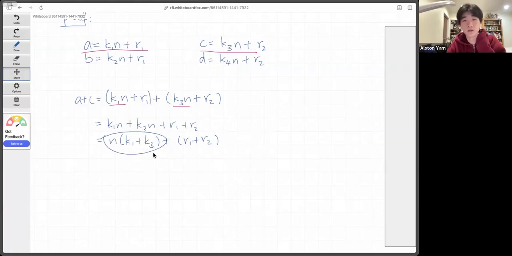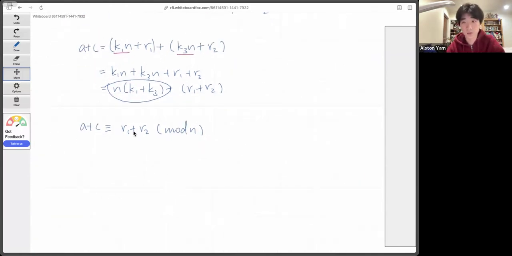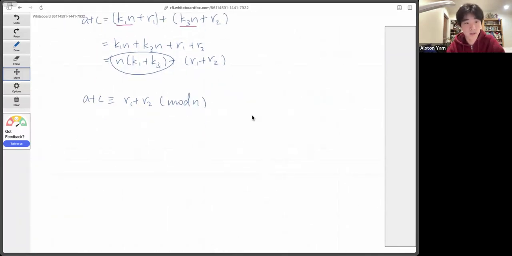Because under mod n, this thing kind of just disappears, and that's pretty cool. So if we write this under mod notation, A plus C is congruent to R1 plus R2 mod n.